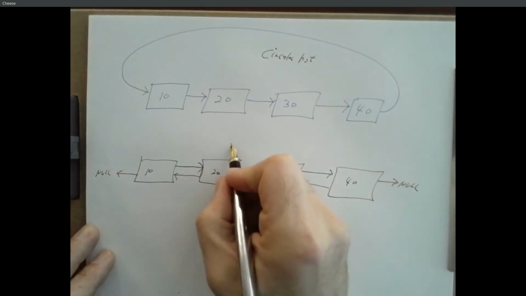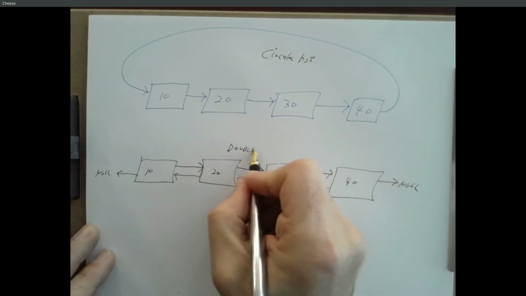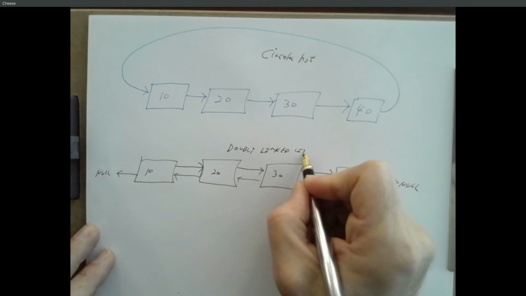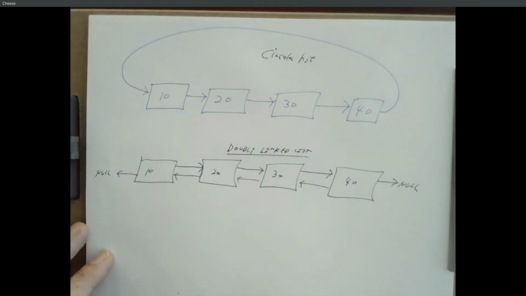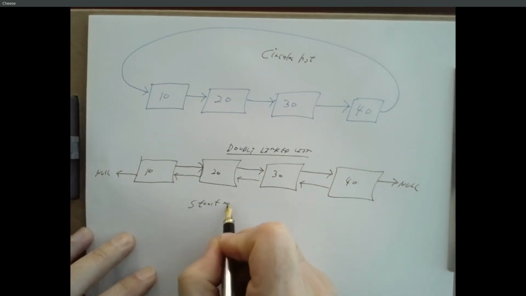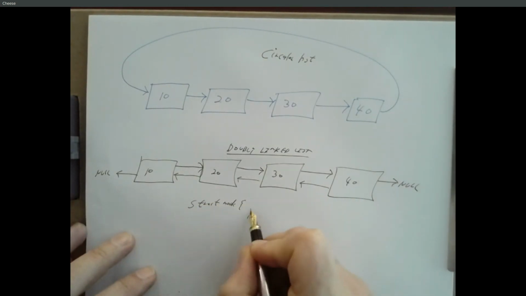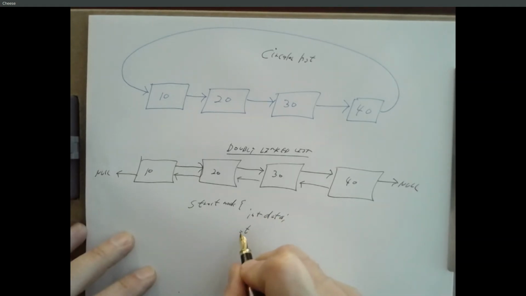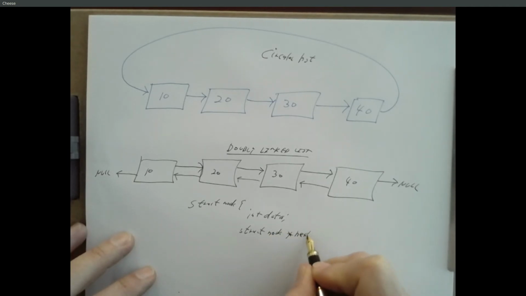And so this is a doubly linked list. And the struct node, it's got a data piece, but then it's got 2 pointers. So it's got a next, but it might also have a previous.